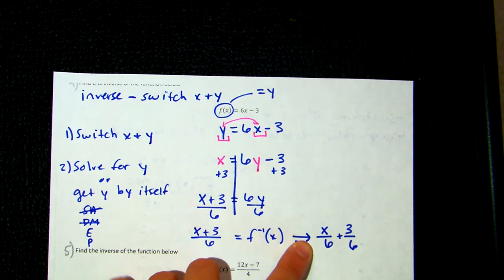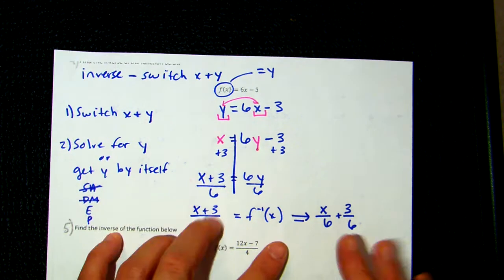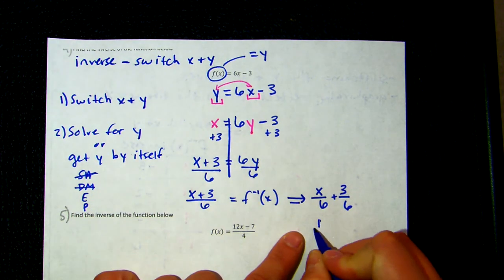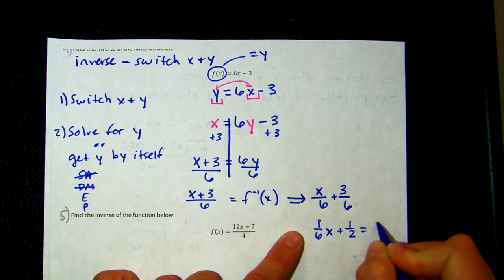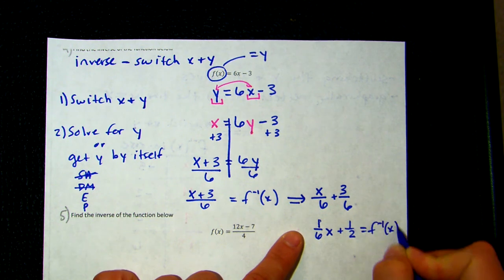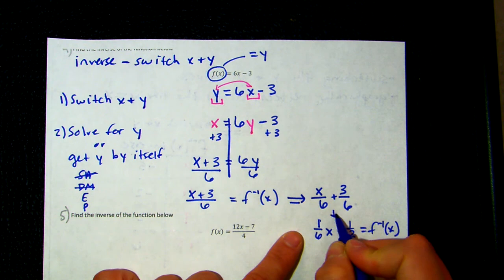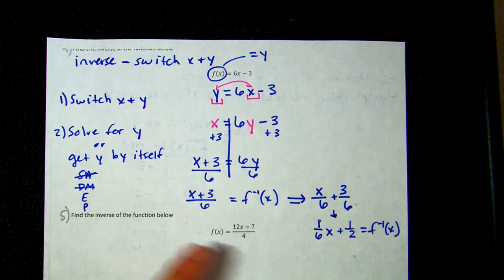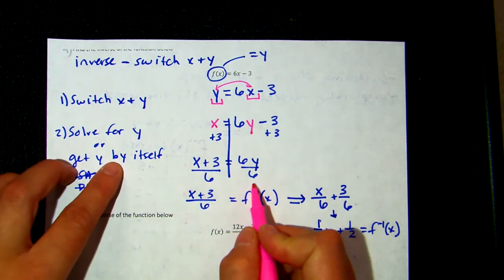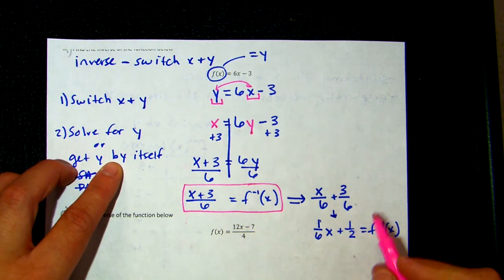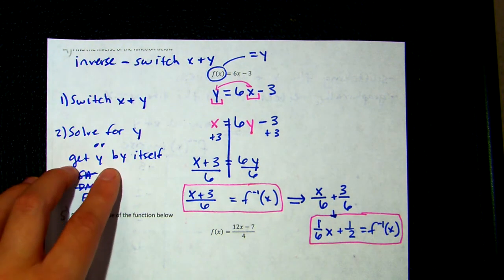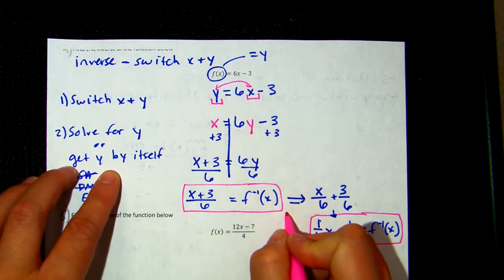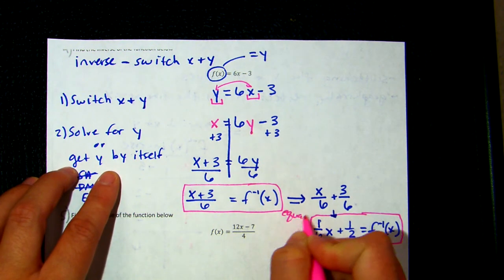From there I could reduce that if I wanted to, which gives me 1 over 6x plus 1/2 is equal to my inverse. Okay. Now this is correct and this is correct. Both of them are equally correct. It's important to notice or recognize that these are equal.